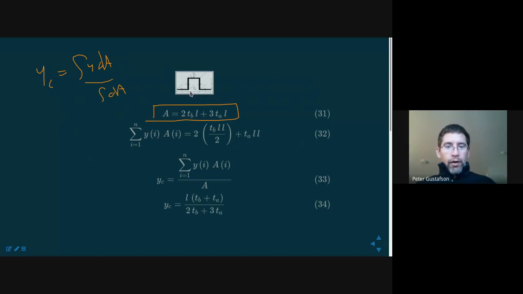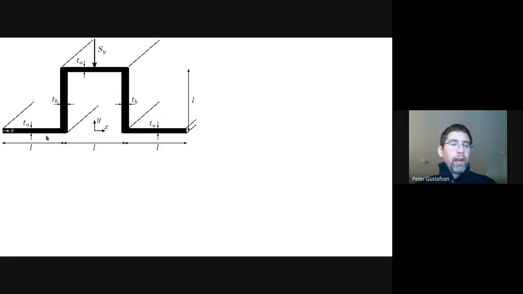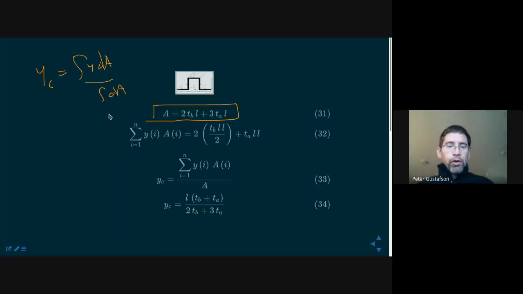If I look at the image, we have 3 sections that are of thickness TA, and they're all of length L, so 3 L TA. We have 2 sections that are of thickness TB and of length L, so plus 2 TB L. So the total area is 2 TB times L plus 3 TA times L. It's very simple.